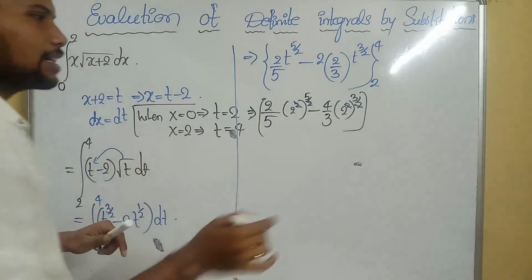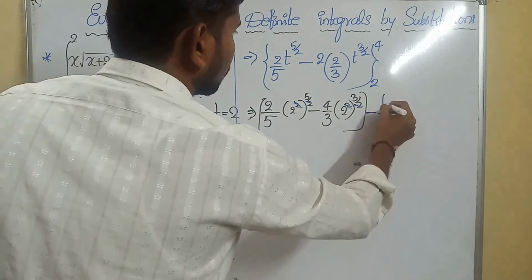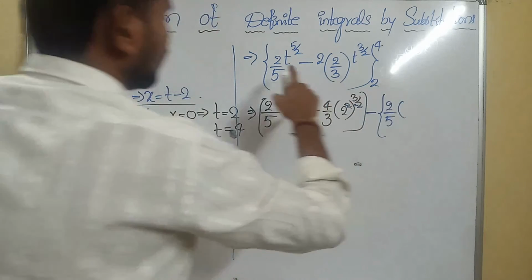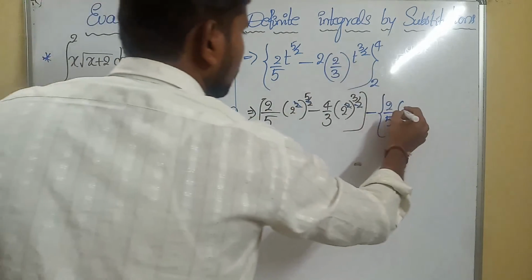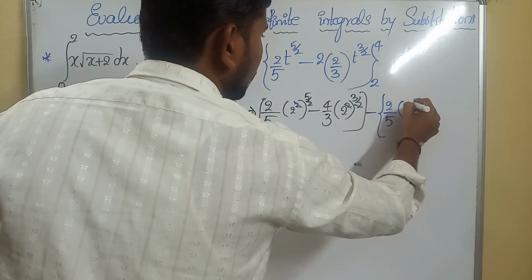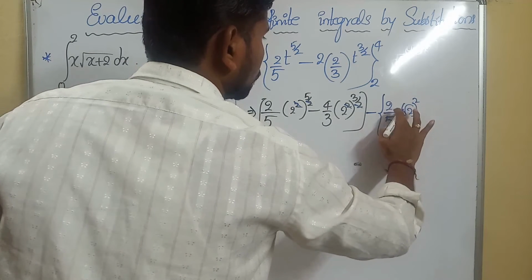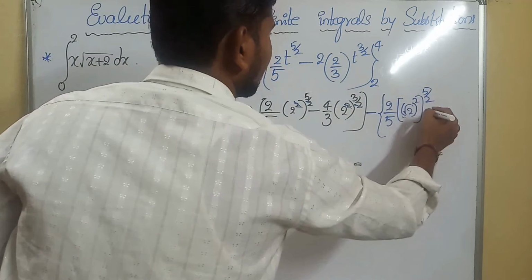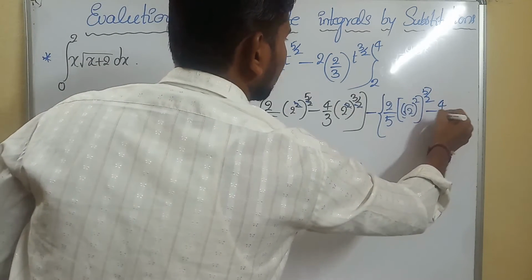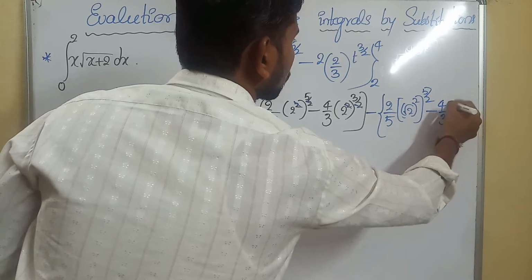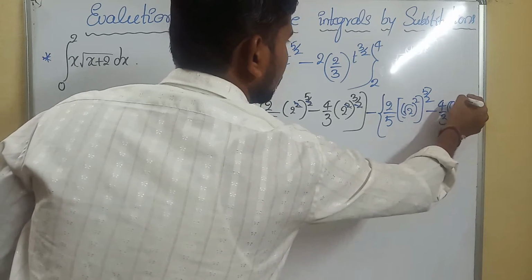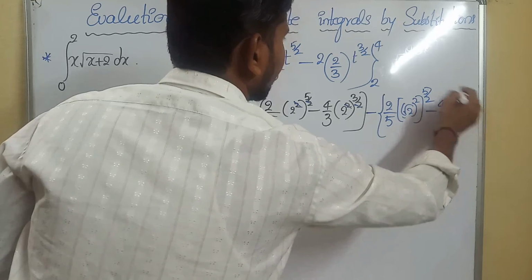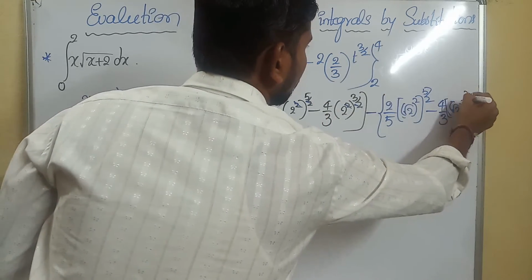Got the point clearly? After that, the lower limit value will be 2 by 5, instead of writing 2, can I write this as root 2 whole square? Got it? Root 2 whole square to the power how much? 5 by 2, so again it is easy to cancel. It will be 4 by 3, root 2 whole square, the square root cancels, again I'll get the 2 value, the power will be 3 by 2.